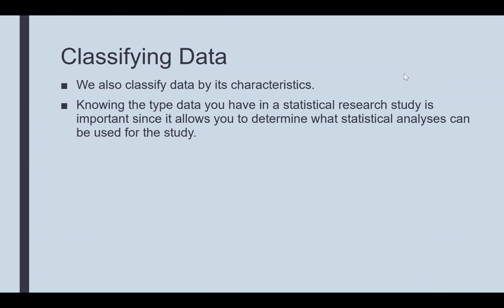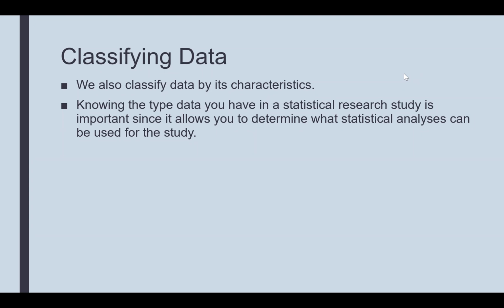Because it's important to know from the beginning of your research what type of data you have or are given, or what type of data you're actually going to collect for yourself if you're beginning the process of conducting a research study. Because the type of data you have can determine what type of analyses you can and cannot do on down the road.